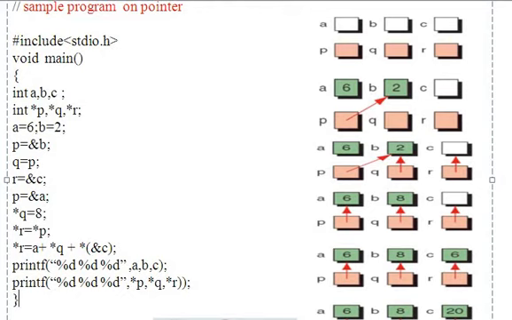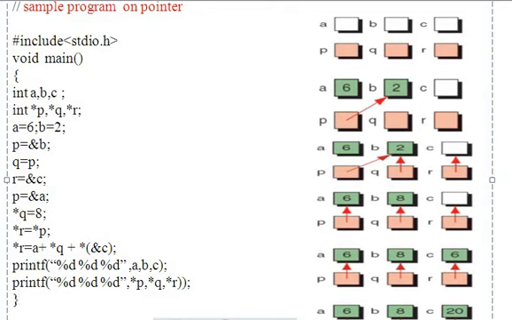*Q is equal to 8. So what exactly is *Q? Check it out. So Q holds the value of P, Q is assigned with value of P, and P holds address of B in the earlier case. Now *R is equal to *P.